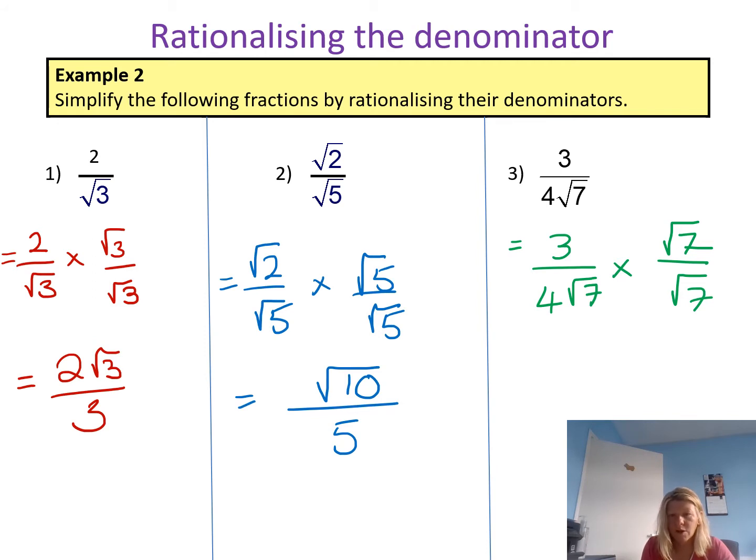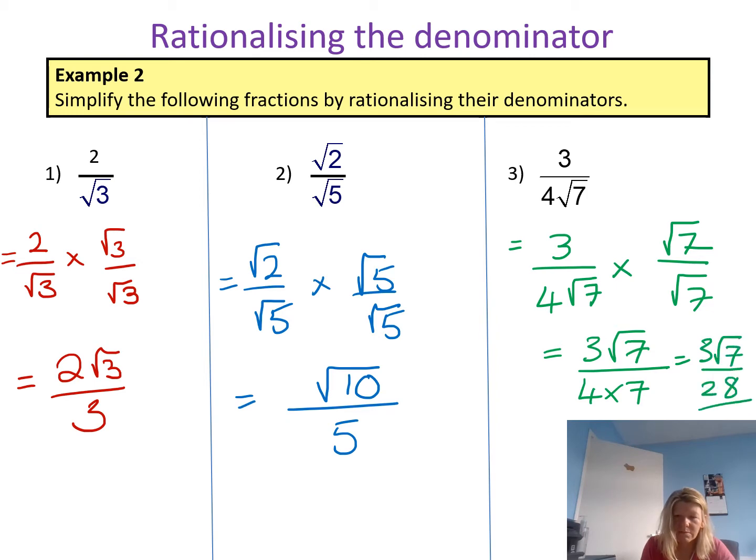But doing it this way, you'd end up with 3 root 7 on the top and 4 times 7 on the bottom. 4 times 7, I think it's 28. We've got 3 root 7 over 28. Final answer. If you did it by 4 and 4, your answer will cancel down to 3 root 7 over 28 if you've done that.